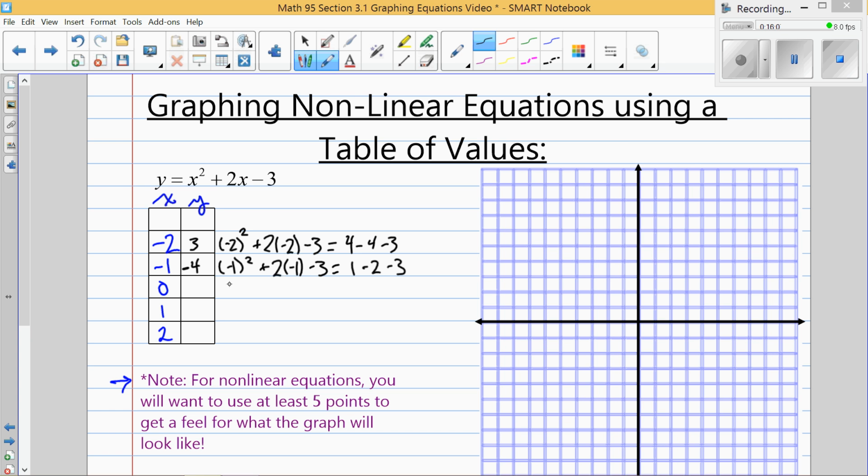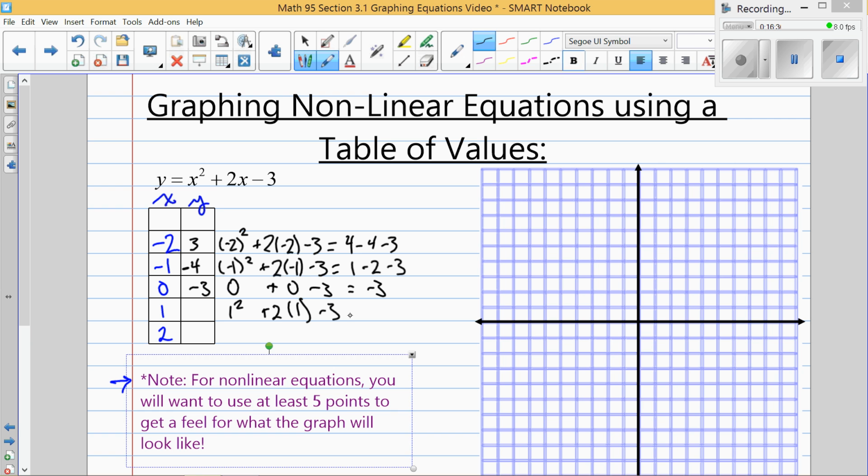Zeros are easy. I'm going to have a 0 here, plus a 0 here, minus 3. That'll give me a negative 3. I could have looked at that here. If I let x equal 0, the only thing that's left is negative 3. And when I plug my 1 in, I'm going to get a 1 squared plus 2 times 1 minus 3.